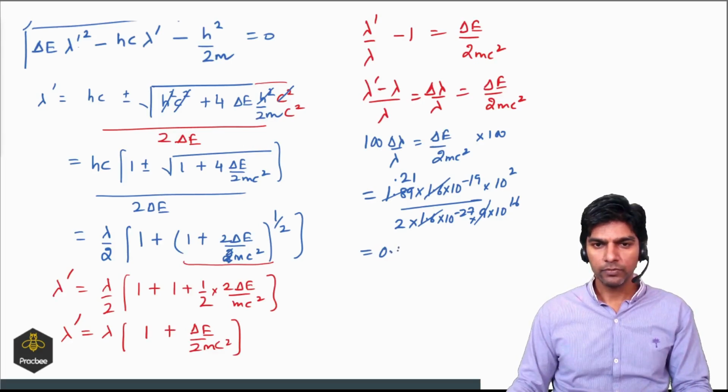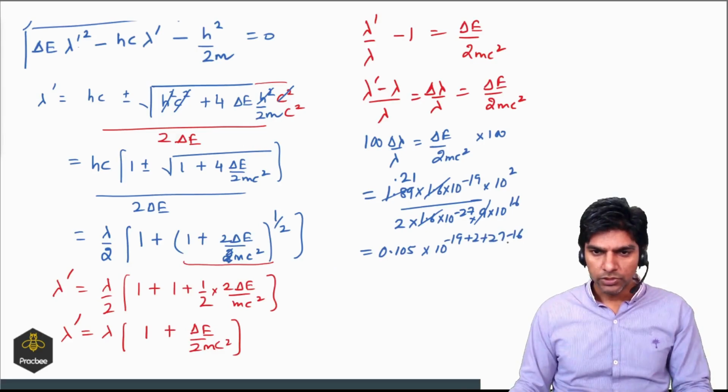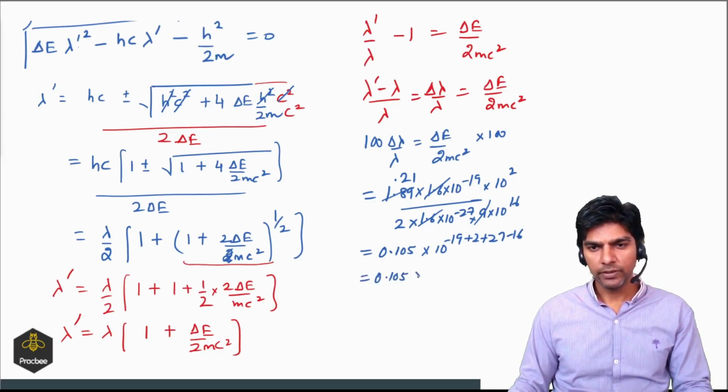So this will be 0.105 times 10 raised to power minus 19 plus 2 plus 27 minus 16, which comes out to be minus 6. So that will be 0.105 into 10 raised to power minus 6, or I can write this as 1.05 into 10 raised to power minus 7.